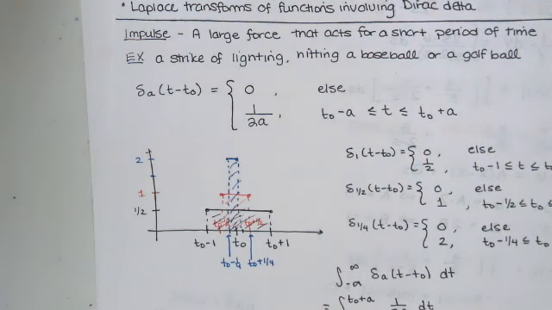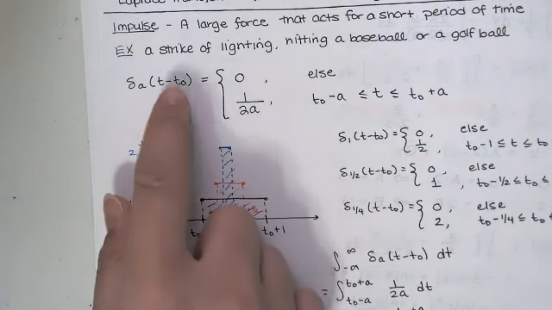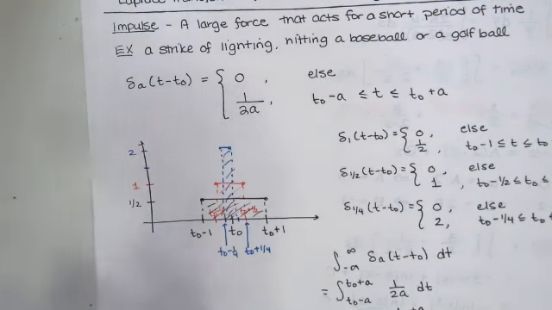So we have something that's like a function, but it's not a function. It's 0 all the time and almost infinite at a point. But you can see that we can't have a function that's equal to infinity at a point t equals t naught. But that's what Dirac delta does. That's how we're modeling this situation. Dirac delta is the limit of this function, and we call it the functional or the generalized function.